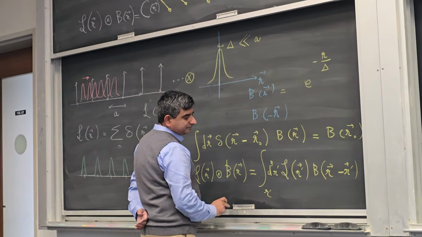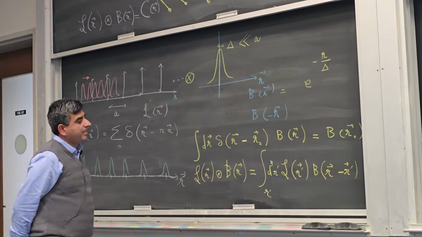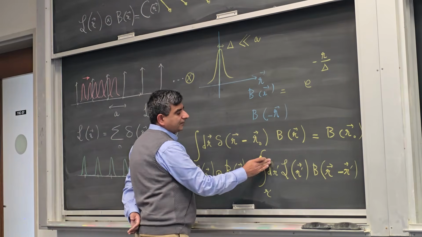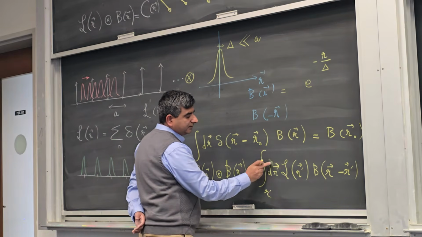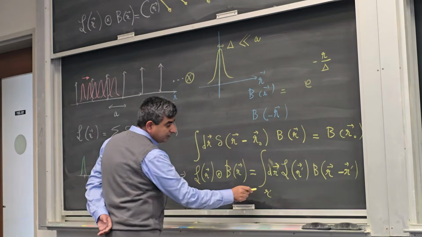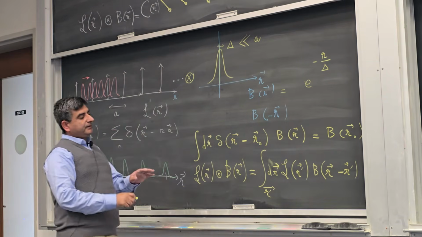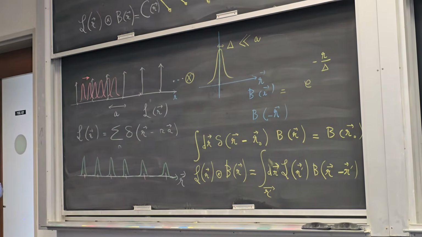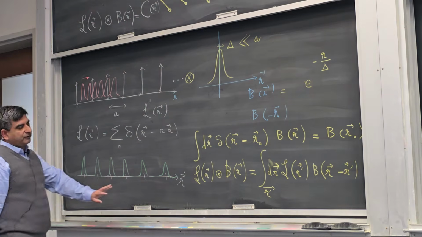So this is how you define it. Okay, so I integrate over R prime. This will give me a function of R, a new function of R. That new function of R is called the convolution of L and B.